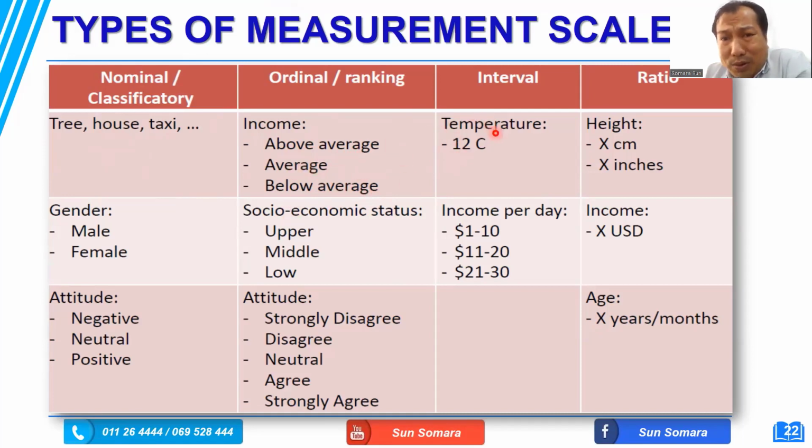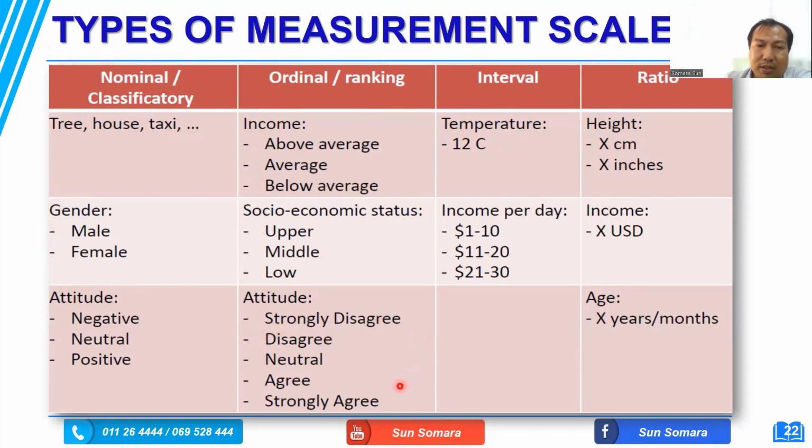Interval can be about temperature; it can be any number, or minus 12 Celsius, in degrees Celsius. Ratio can start from 0, like centimeters or inches. So all of these show the measurement of the data that can be used here, right?